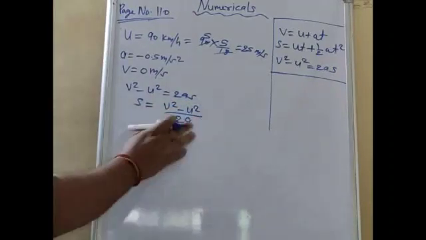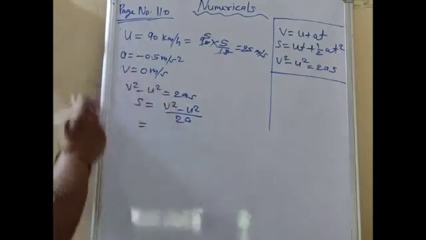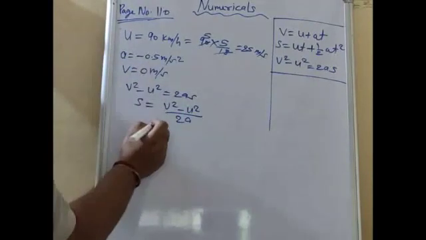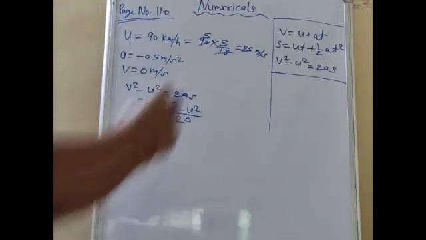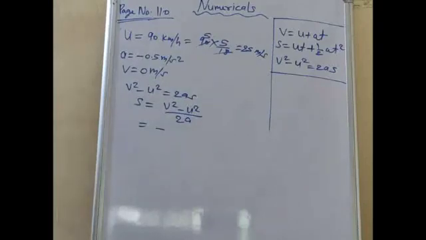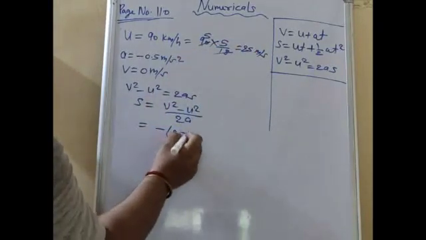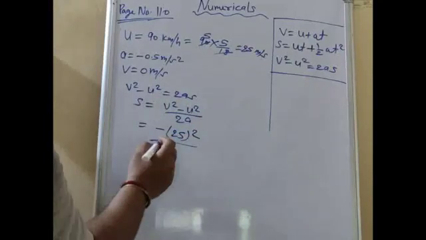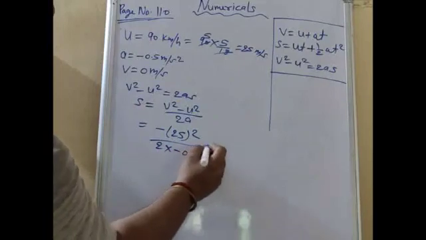Okay, beta. Now put the values. V is 0. So 0 square means nothing. Minus u is 25. So square of 25 divided by 2a. 2 into minus 0.5.